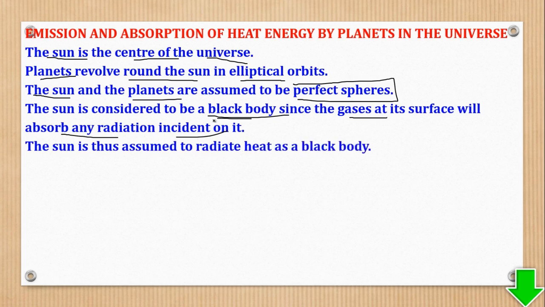Because it's a black body, it is assumed to radiate heat as a black body, because it has gases which absorb incident radiations. Remember, a black body absorbs all radiations but reflects none.